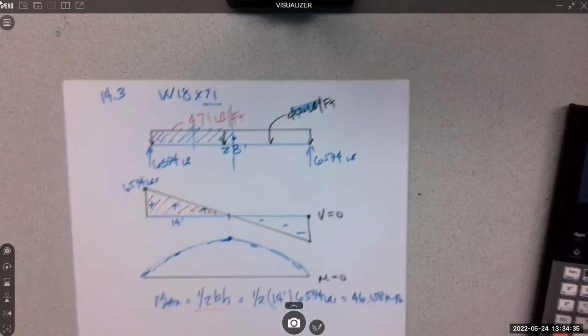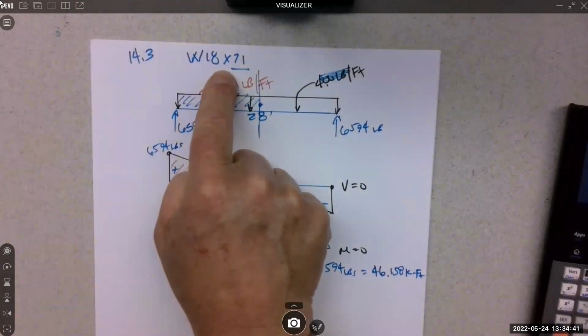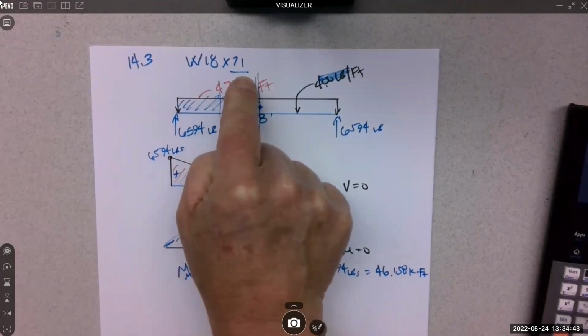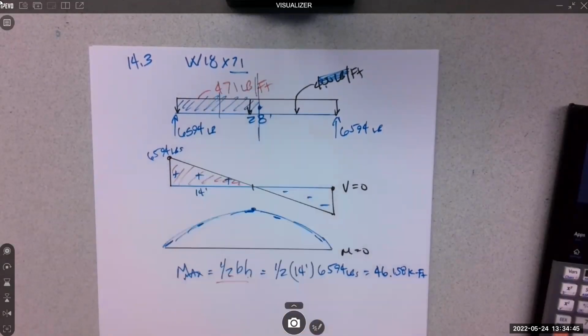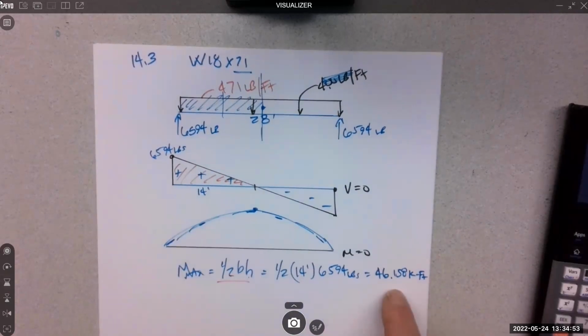All right, so let's do bending stress because we have the beam, right? It's a W 18 by 71, a structural steel shape. So we found the moment, but is that cool or not cool with this beam? That's why we're doing this, to determine if this beam is good or not good.